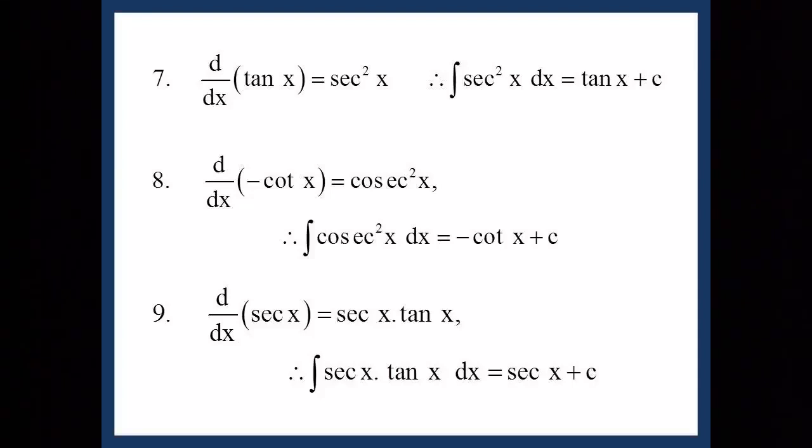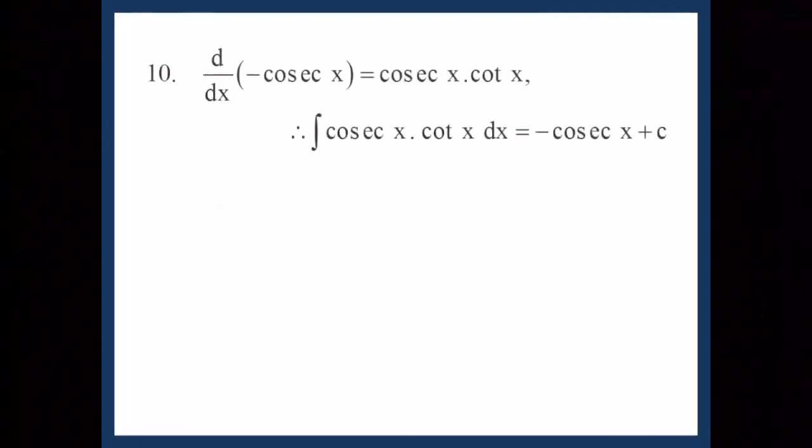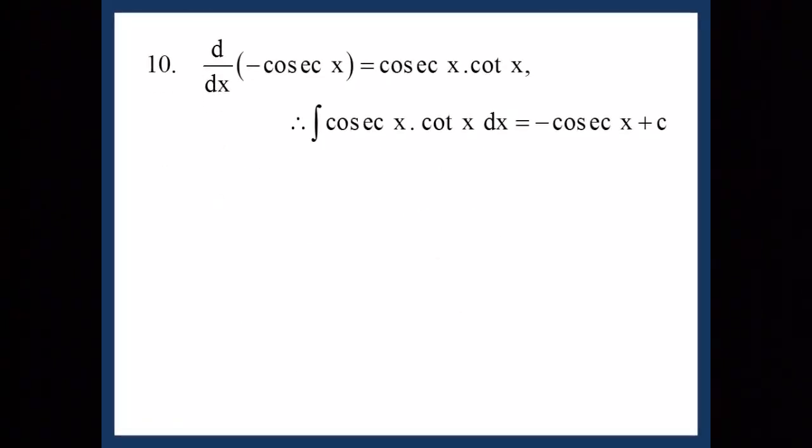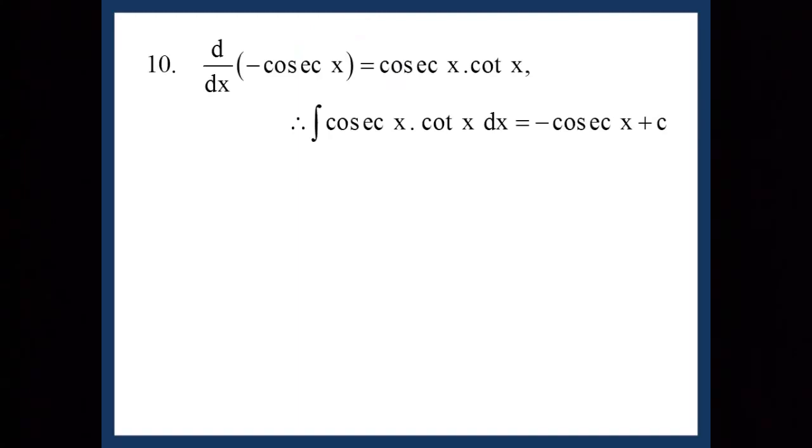d/dx of sec x is sec x tan x. Therefore, integral sec x tan x dx is nothing but sec x plus c. The next result, d/dx of minus cosec x is cosec x into cot x. Therefore, integral cosec x cot x dx is minus cosec x plus c.